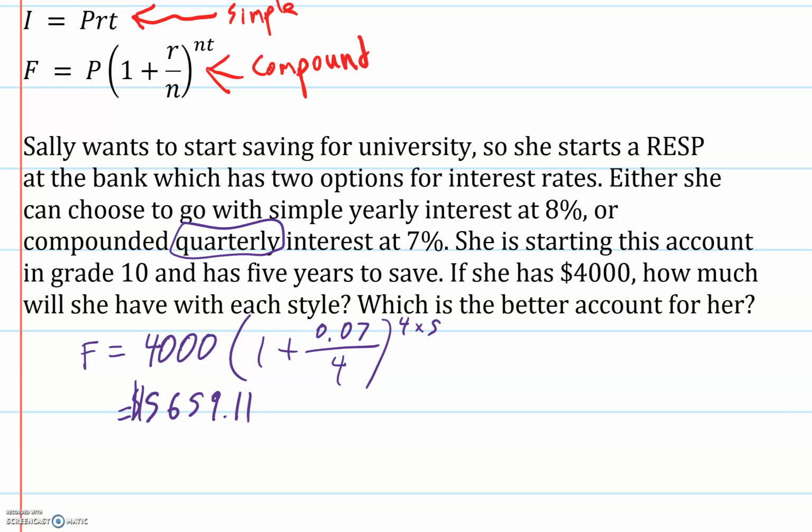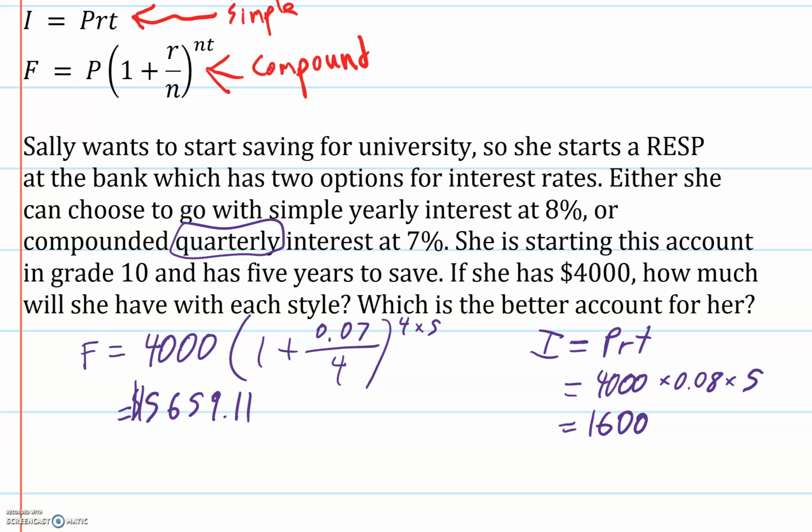The simple interest would use the formula PRT, or 4,000 times 0.08, because it's a higher interest rate, times 5 years. Let's see what that gets us. 4,000 times 0.08 times 5 gets us 1,600.